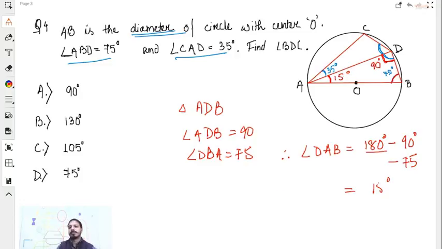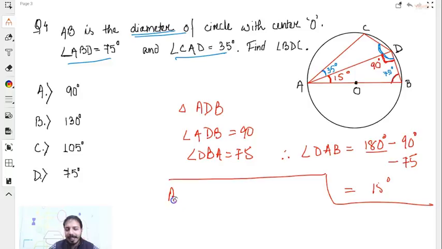Now what to do? Yeah, now it's very simple, guys. Again, you can use this: A, C, D, B are concyclic, or I can say that this is a cyclic quadrilateral.